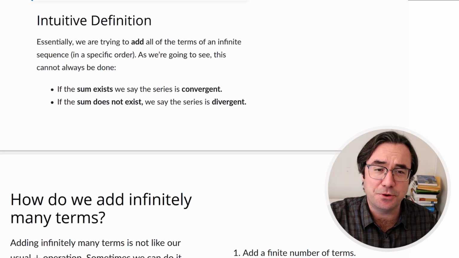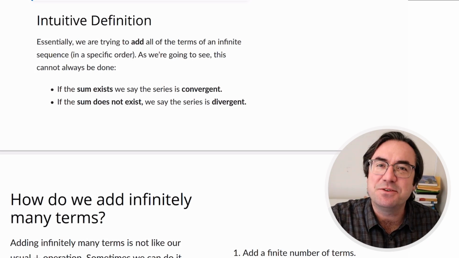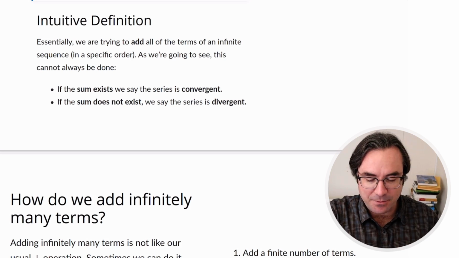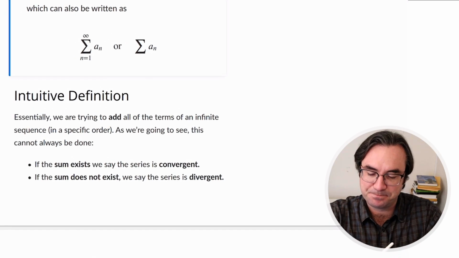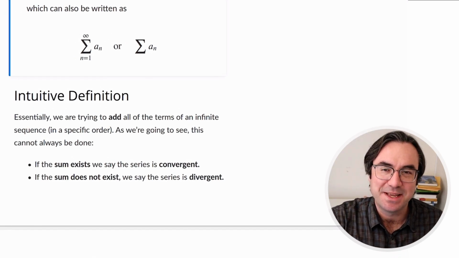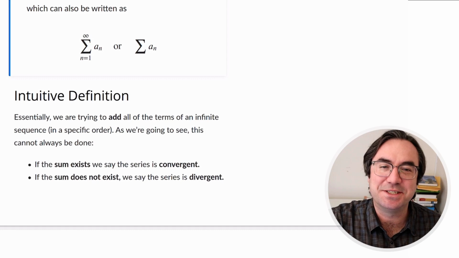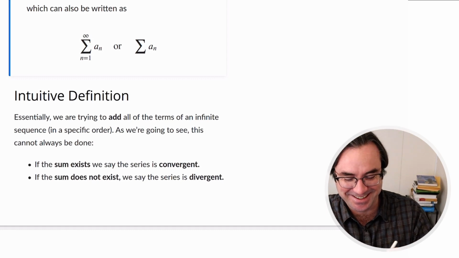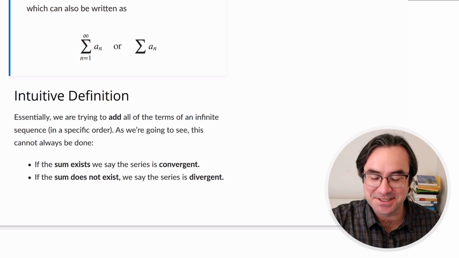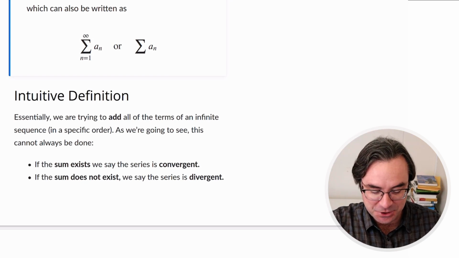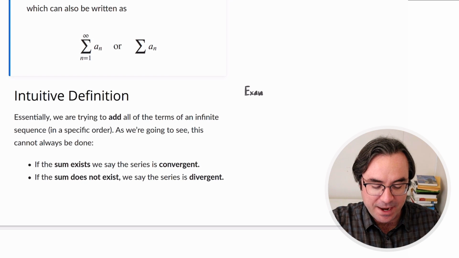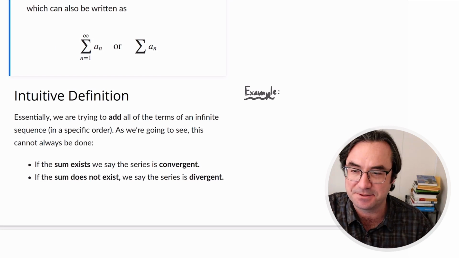Just to show you the types of issues we can run into, I want to look at a little example. This is kind of a fun one. We're going to prove that 1 is equal to 0. We have to be careful when we're talking about adding up an infinite number of things.